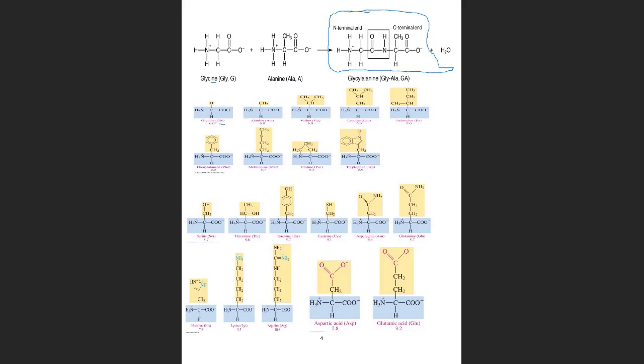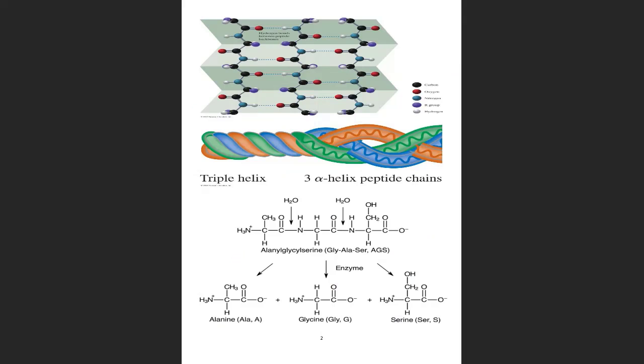What is hydrolysis? We can have a dipeptide. Let me see if we have a drawing here, an image. Okay, let's share this page. Let's look at the bottom. We have a tripeptide. And this is what happens when there is hydrolysis of the tripeptide.